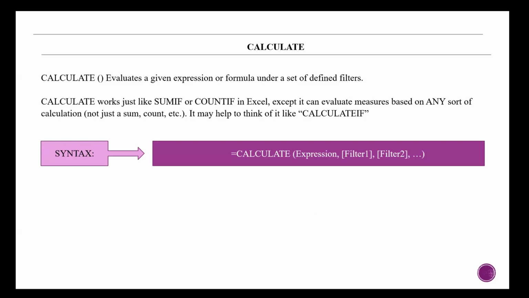It works just like the sum if or the count if in Excel, except that it evaluates measures based on any sort of calculation. You can think of it as a calculate if. What the calculate function does is it calculates an expression based on a particular condition or a particular filter.